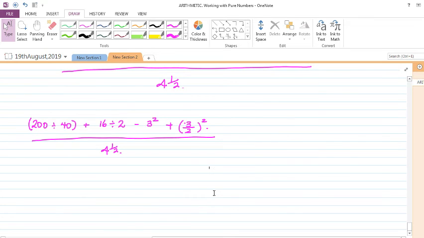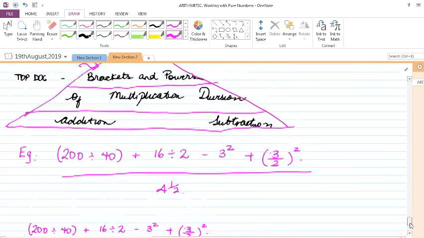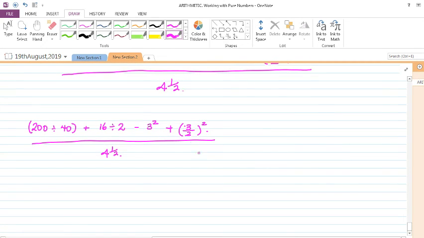The rank triangle tells us that brackets and powers have the highest order. So I'm going to put a black bracket around all the brackets and all the powers. Look, a power here, a bracket here, and a mixed number literally has a bracket around it like that.